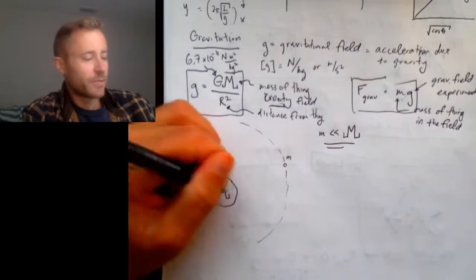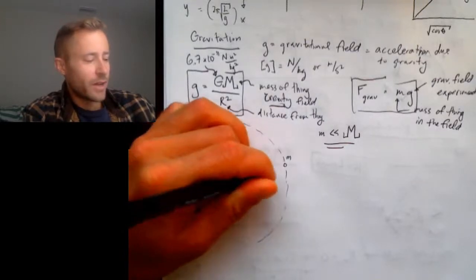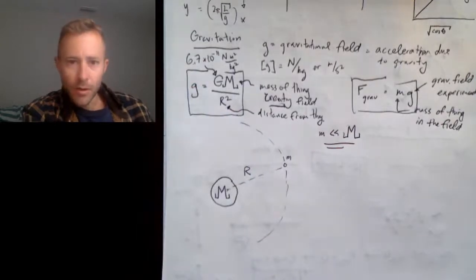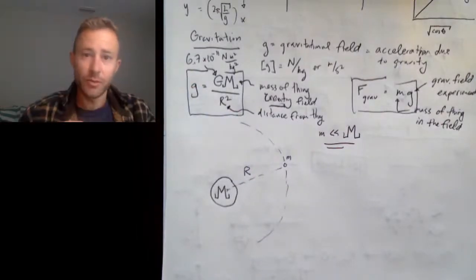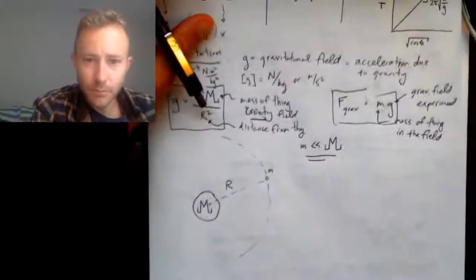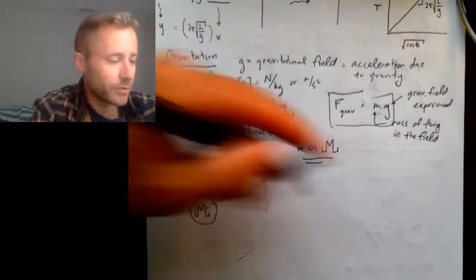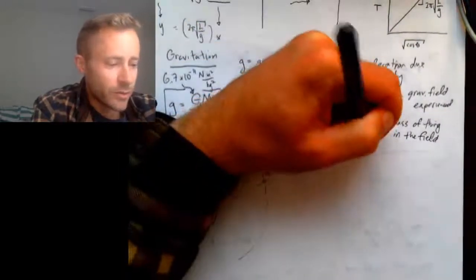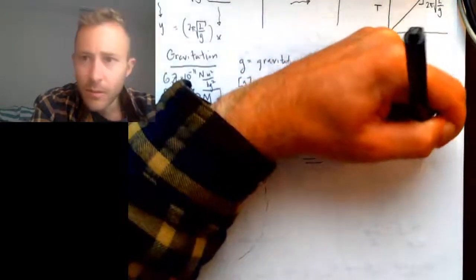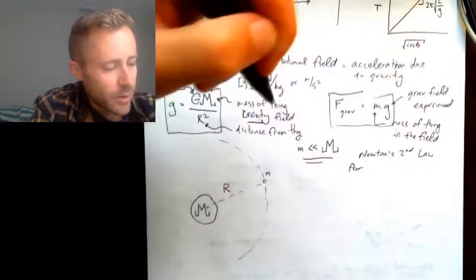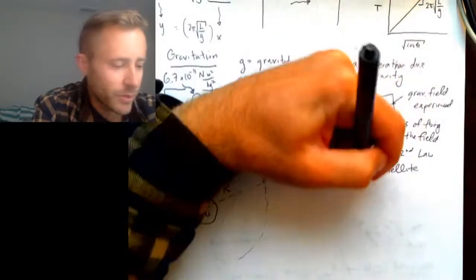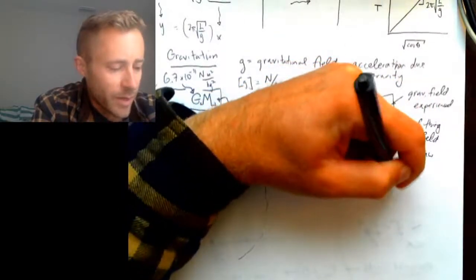Okay? So this is going to be fixed, and we'll say that the satellite is going in a circle of radius big R. All right. So then we combine circular motion with the idea of gravitational fields, and we write Newton's second law for the satellite. All right, so we have force equals ma.